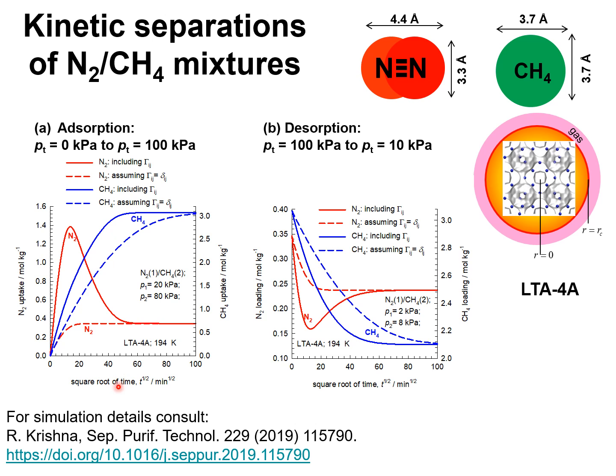Let's now look at the desorption kinetics, in which the equilibrated sample containing this equilibrated mixture is desorbed by exposing it to an environment at a total pressure of 10 kilopascals with 2 kilopascal partial pressure of nitrogen and 8 kilopascal partial pressure of methane.